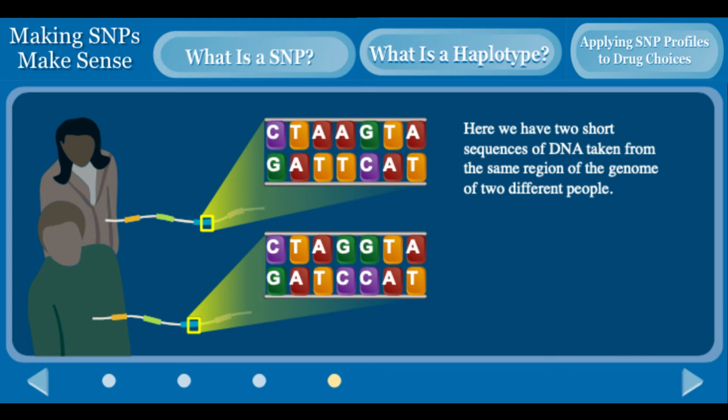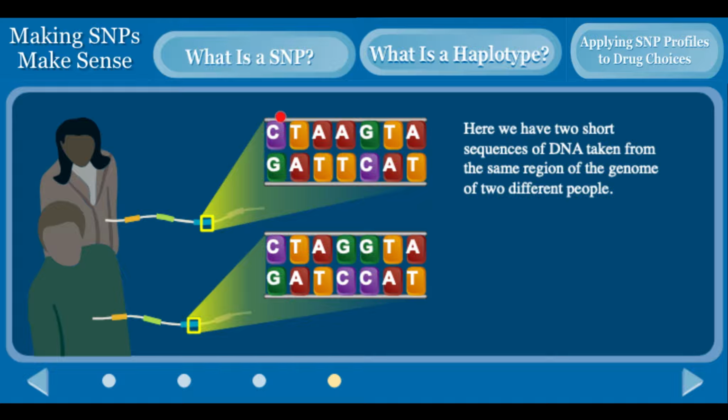To illustrate this, let's isolate two short segments of DNA. Both of these samples are taken from the exact same chromosomal region, but they come from two completely different individuals. At first glance, the color-coded chemical bases look remarkably similar, but closer inspection reveals a subtle twist.